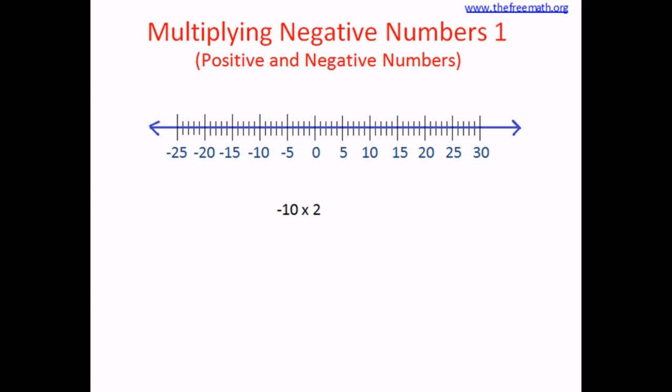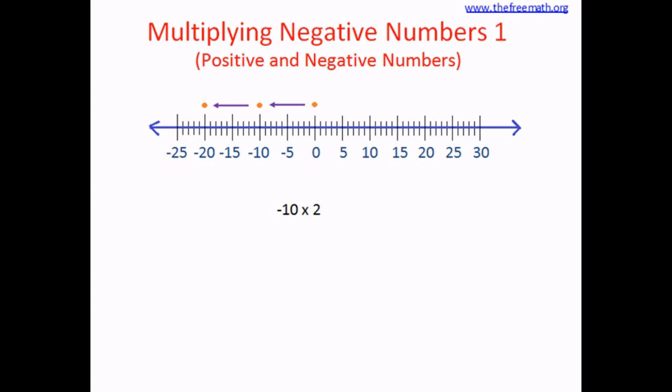So what happens when you multiply negative 10 by 2? That means you are going to have negative 10, 2 times. We know that when it is a negative number, you start from 0, you face left and take 10 steps. So you are going to take 10 steps 2 times. So it will look like this.